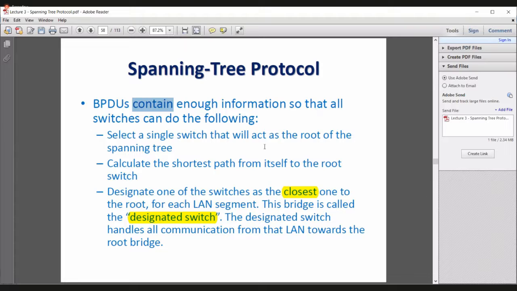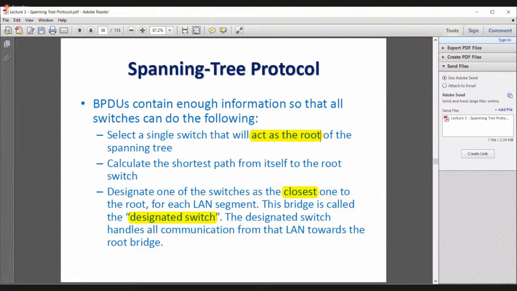That is important, right? At the very beginning, pick one switch to act as the root. Then calculate the shortest path from itself to the root switch.